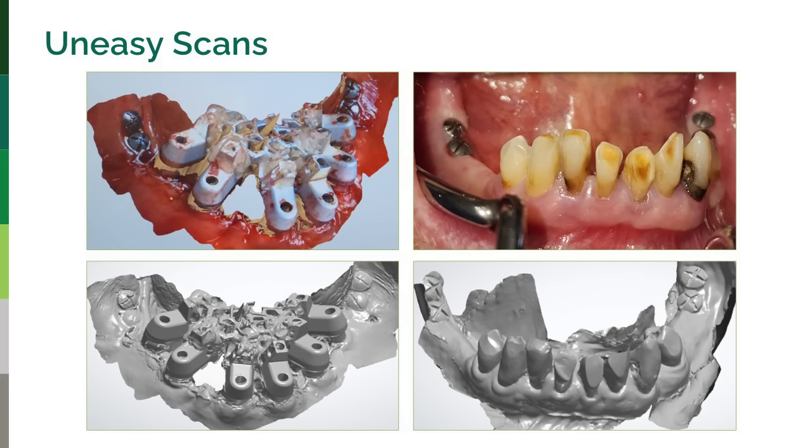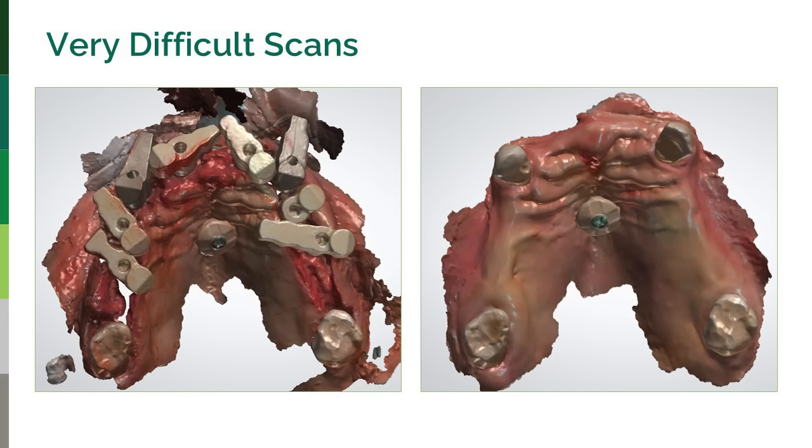Some scans seem to be easy, but you can't always tell if the scanner is ghosted, or to capture a bunch of scan bodies and then continue around to do a full arch and expect an IOS to stitch that. Lots of challenges. Look at this case here. This was from a couple of years ago, but this is seen every day now.